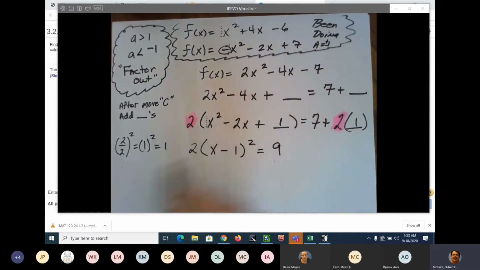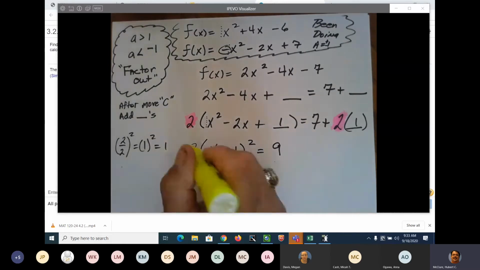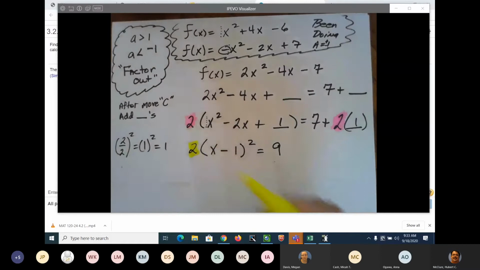Now what does that 2 tell us? I'm going to highlight it in yellow because remember in chapter 2, what does a tell us? Starts with an O. I'm waiting for somebody. Thank you, Mr. Cash. Orientation.